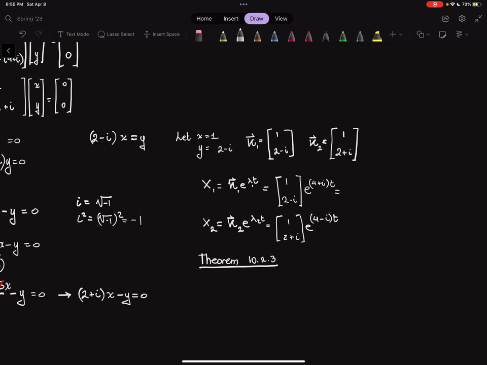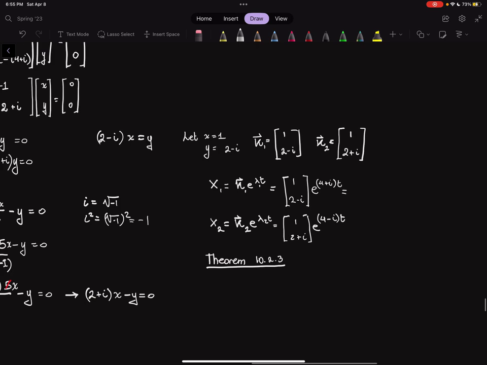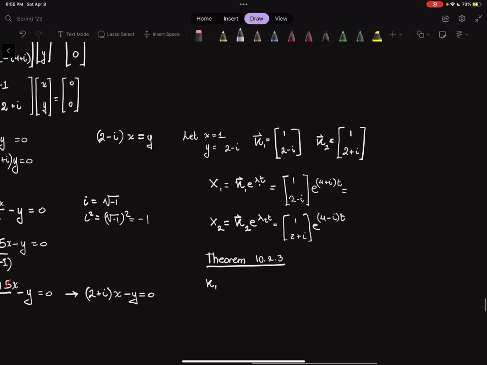It says, take the first vector k1 and rewrite it into a real part of k1 and an imaginary part of k1. So what is the real part?